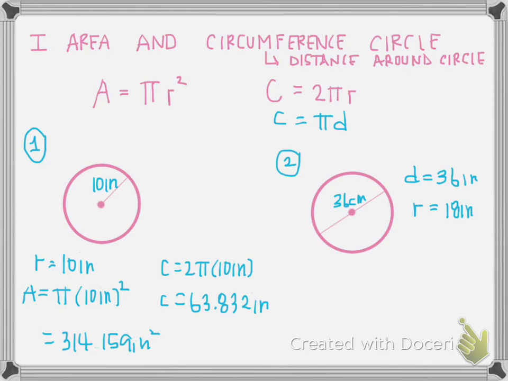Sorry, I'm crazy today. The area would be pi times the radius squared. So 18 squared times pi.